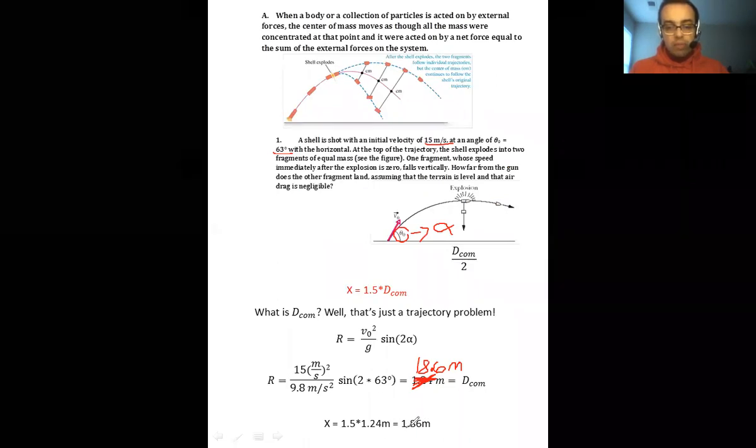And what x is going to be is 18.6 times 1.5. Again, this should be 18.6. And that's going to be 27.9 meters. All right. So there you go. That's how you solve that kind of problem.